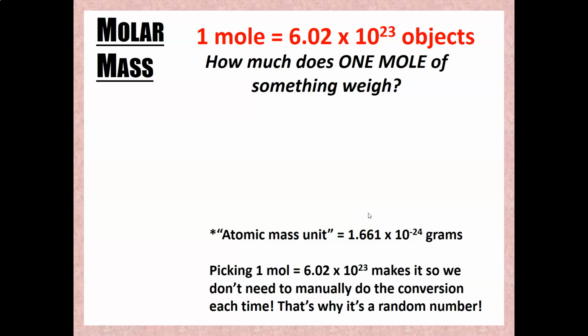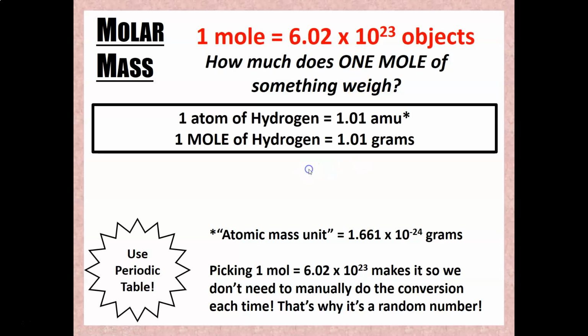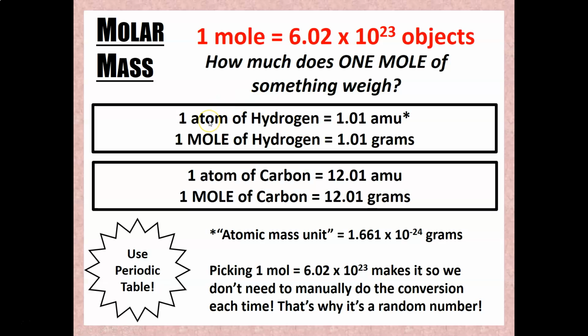So molar mass is how much 1 mole of something weighs. We're going to be using our periodic table. An atom of hydrogen weighs 1.01 AMUs. AMUs is atomic mass units.